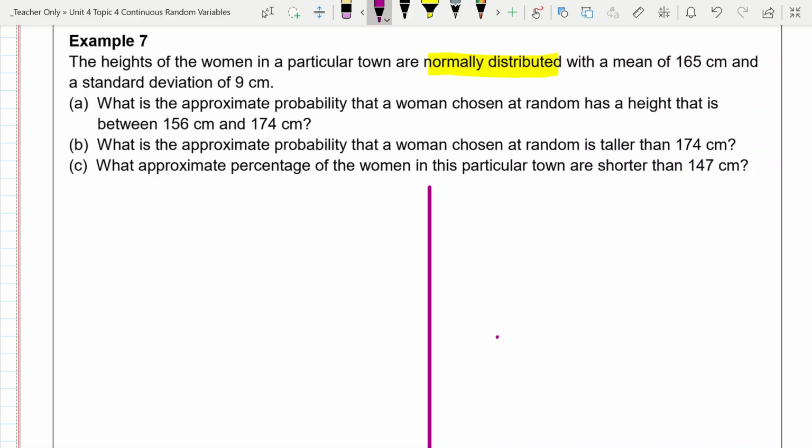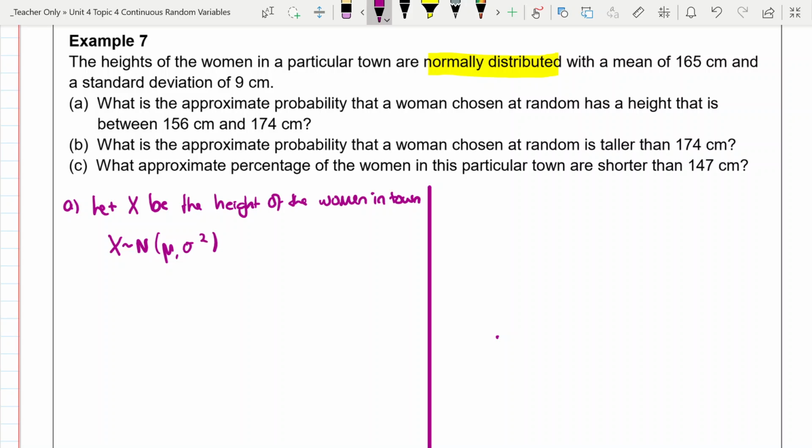Okay, so we need to set up the question first. So we're going to say, let X be the height of the woman in town. Now they've told us that it's normal, so we can say that means that X can be approximated by a normal distribution in mu and sigma squared. So X can be approximated by a normal with 165 centimeters.